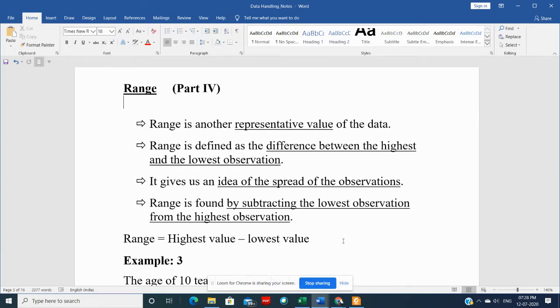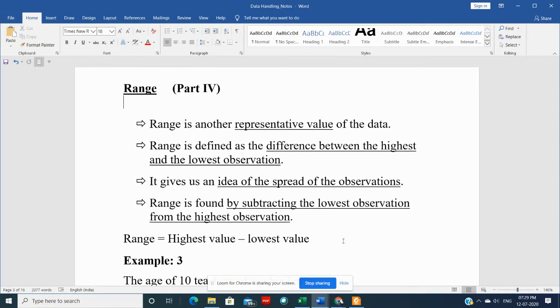So if you want to gift someone, the shopkeeper may ask you, sir, what would be your range, or in which range would you like to go? Means they are asking the lowest or the highest value that you can afford or you can spend on a particular item, right? So that is exactly what range means.